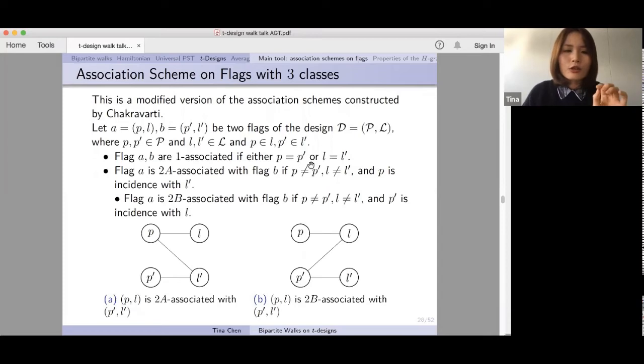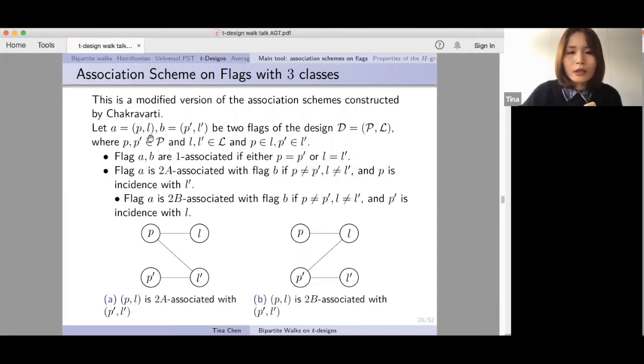First, what is a flag? If we are given a tuple where the first component is indexed by a point and the second component by a line, and the point is incident to the line, then the point-line tuple will be a flag.